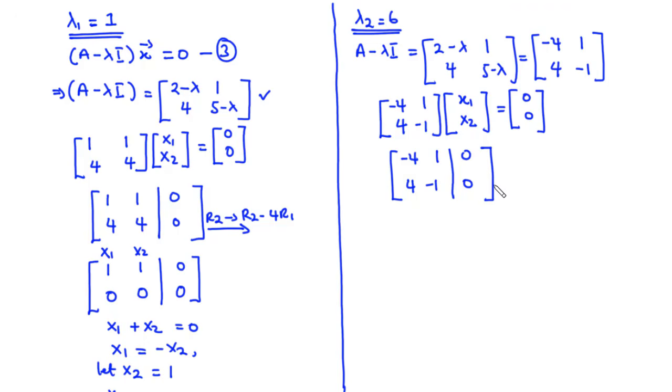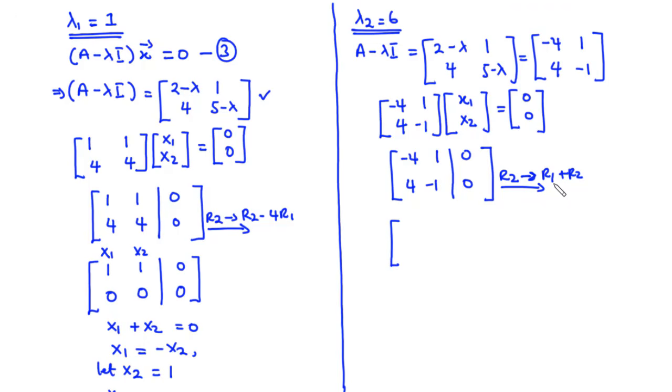At this point, we are going to perform the operation on row 2, because the idea is to make this value go to 0. In doing that, the operation is R1 plus R2. If you add negative 4 to 4, you are going to get 0.